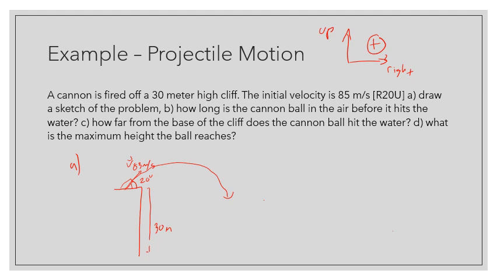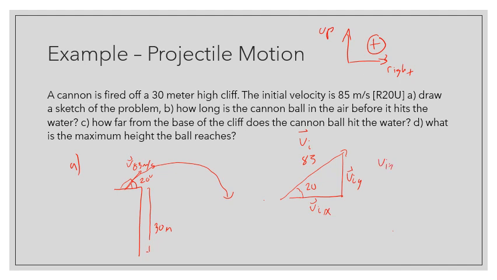If you look at the velocity in more detail, you can see that it makes a right angle triangle, so we can break it up into components. This is the initial velocity, vi, with components v_iy and v_ix. We can break up this velocity into its components right now.